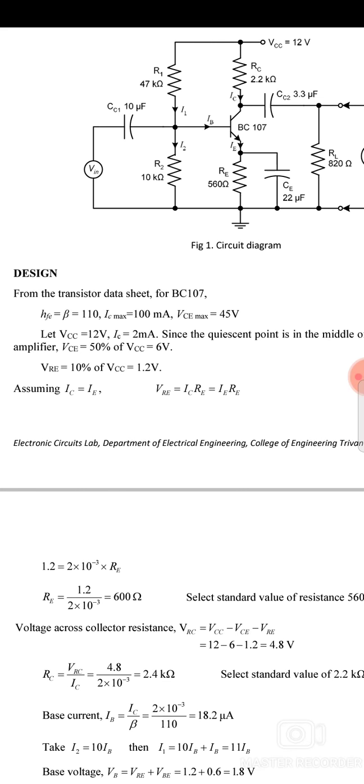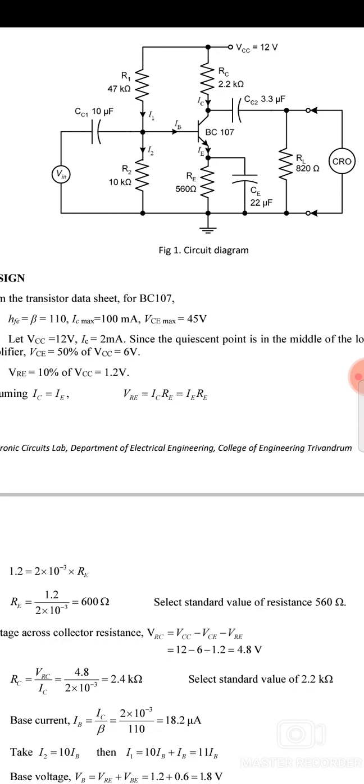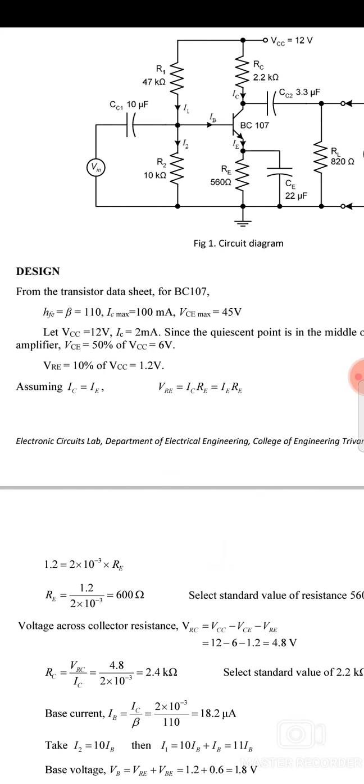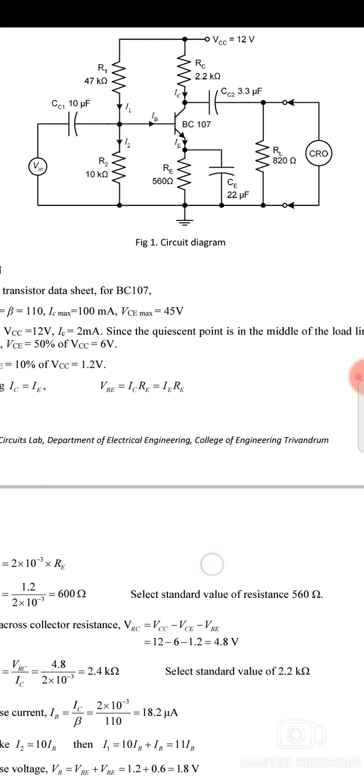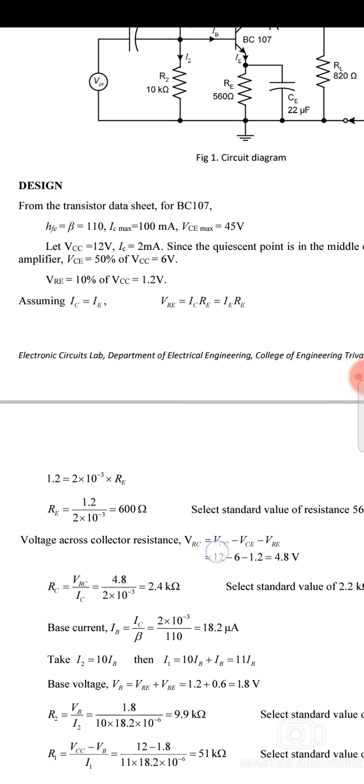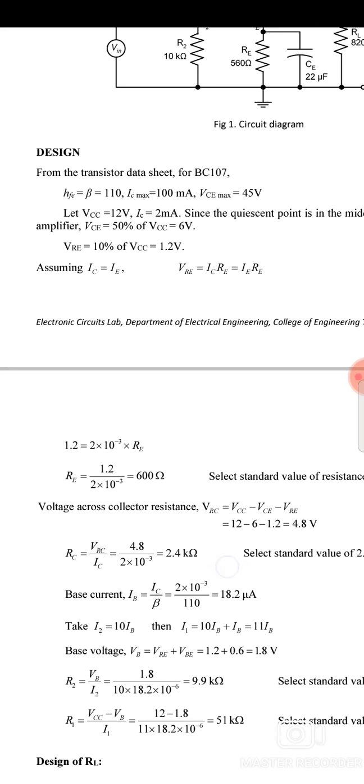Next, VRE is the emitter terminal voltage across the resistor, IC RE, equal to IE because IC is equal to IE. So VRE, by Ohm's law V is equal to I into R, VRE is equal to IE into RE. What is the IE value there?